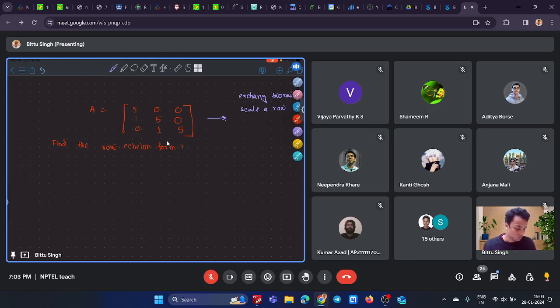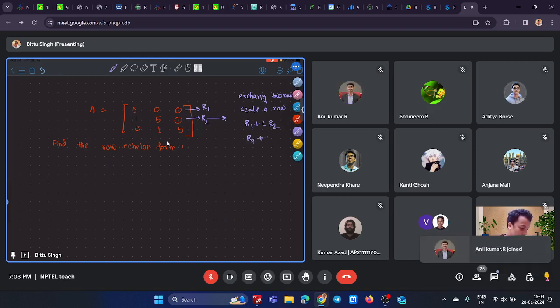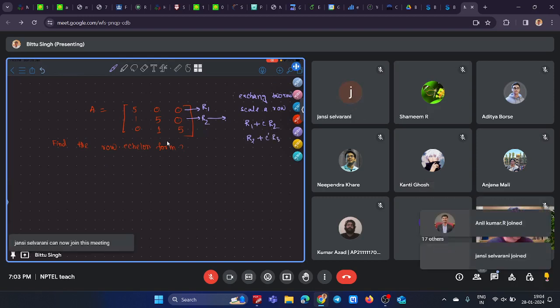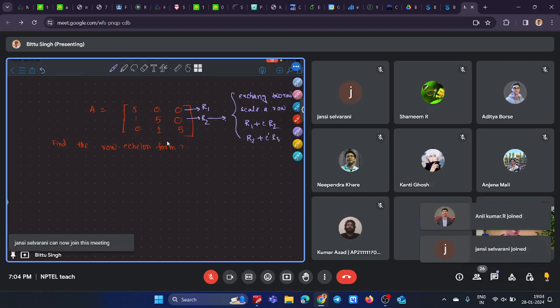Suppose this row is R1 and this row is R2. We can do R1 plus some constant times R2, or R2 plus some constant times R3. Those are the three ways for row reduction.